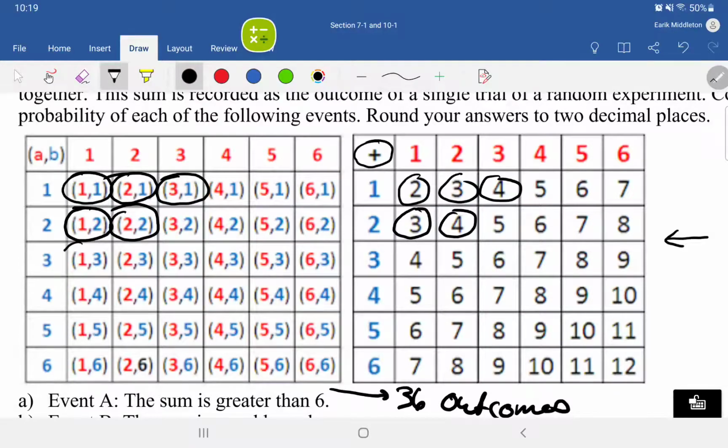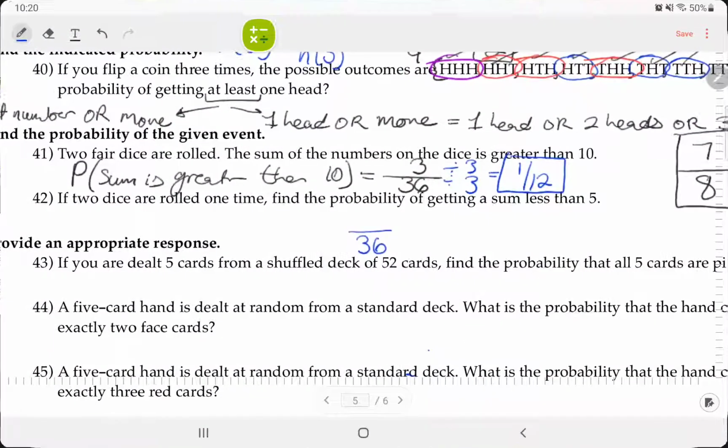And then we have 1 and 3. 1 plus 3 is 4. These 6 pairs right here give me a sum that is less than 5. Whether we're using the rolling sample space or the addition sample space, we're indicating that 6 of the outcomes have the sum that is less than 5.